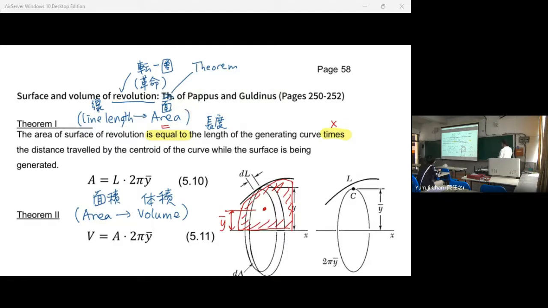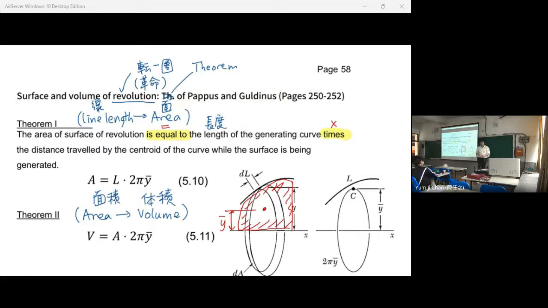And because it is by rotating a line to get the area, or by rotating an area to get the volume, we call this surface or volume of revolution. So the area of surface of revolution is equal to the length of the generating curve times the distance traveled by the centroid of the curve while the surface is being generated.